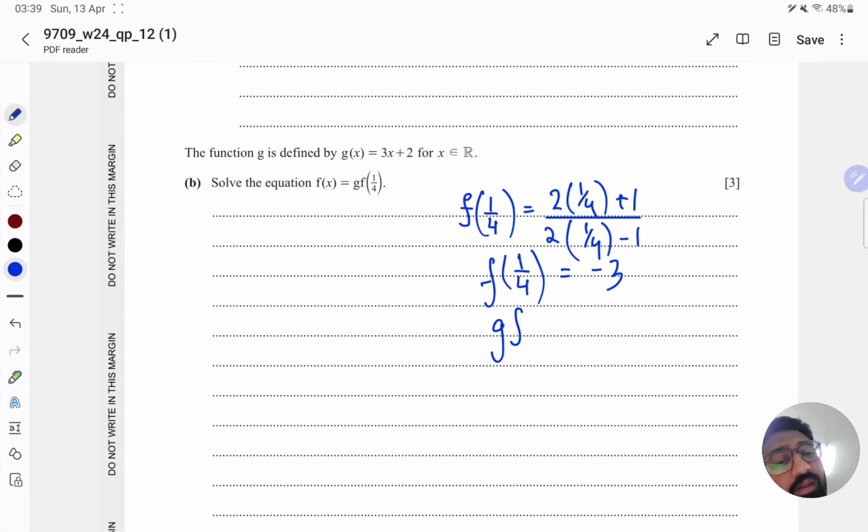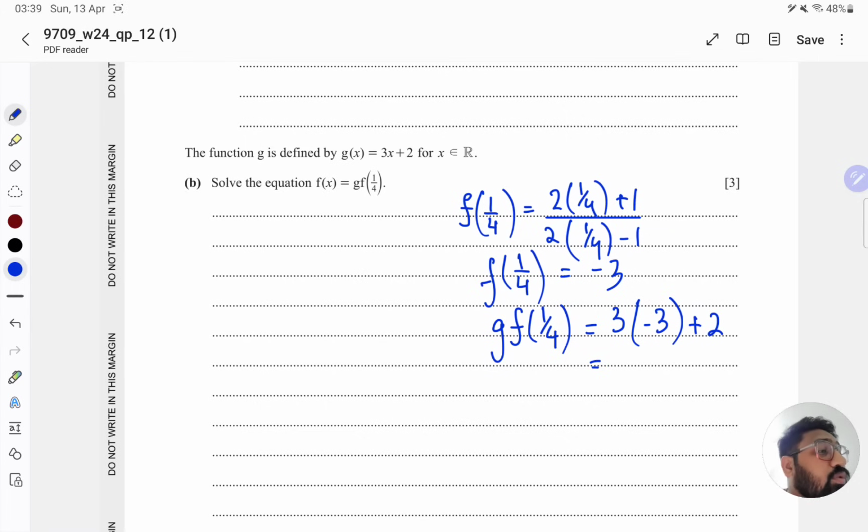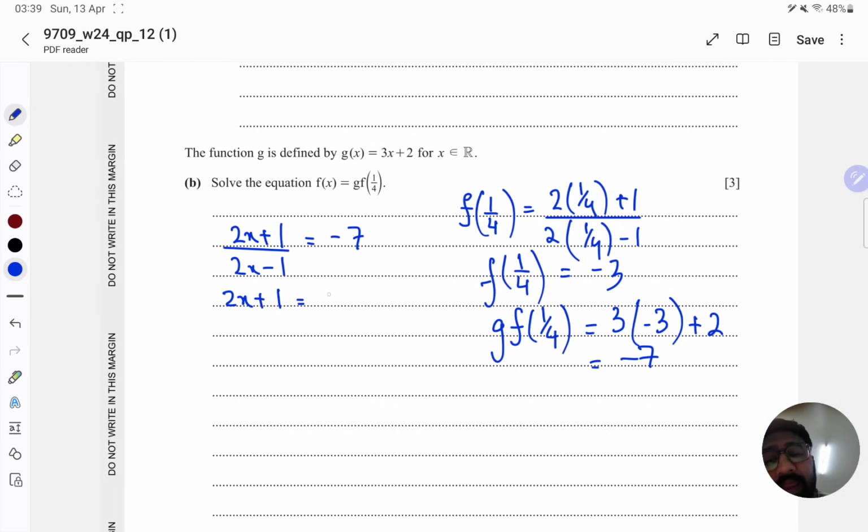Then we will put this value into the g function, which is 3 times minus 3 plus 2. So minus 9 plus 2 is minus 7. All we need to do is put this answer equal to f of x. So f of x was 2x plus 1 divided by 2x minus 1, which equals minus 7. We'll cross multiply to find the value for x.